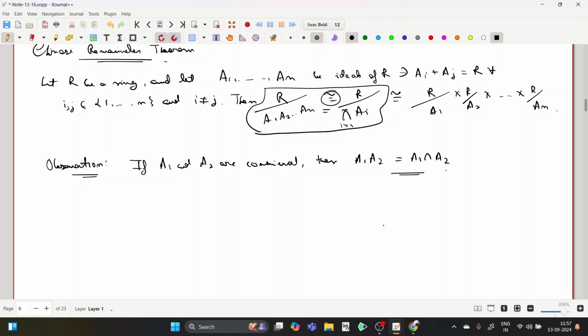Okay. How was A1A2 defined? It was defined as the collection of all finite sums of products of elements coming individually from A1 and A2, right?